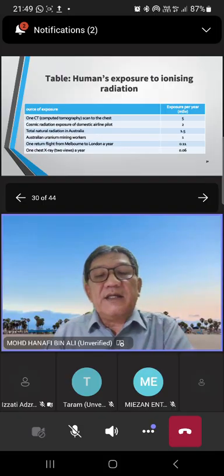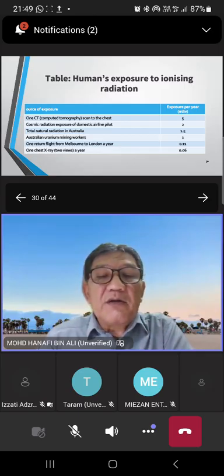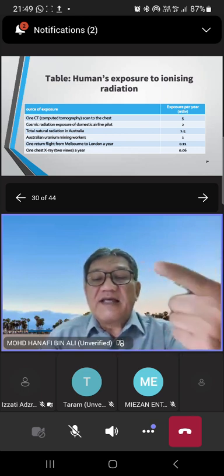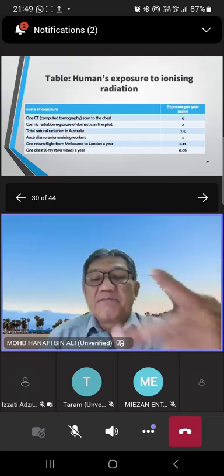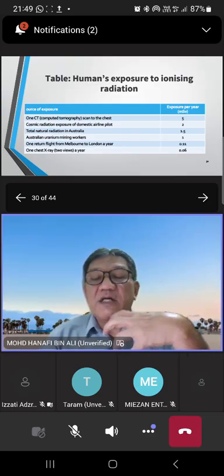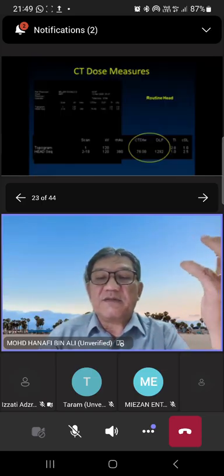If we want to compare human exposure to radiation dose, one CT is about 5 millisievert. We're talking about millisievert now. What is millisievert? First gray, then sievert, and millisievert. When we take into account the human body's reaction to the dose, we call it millisievert.